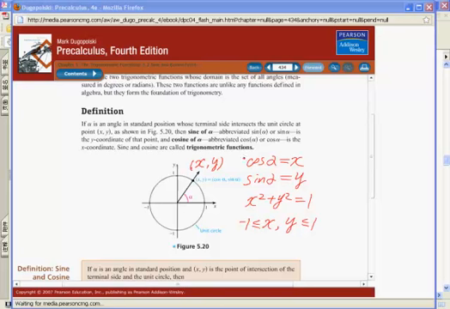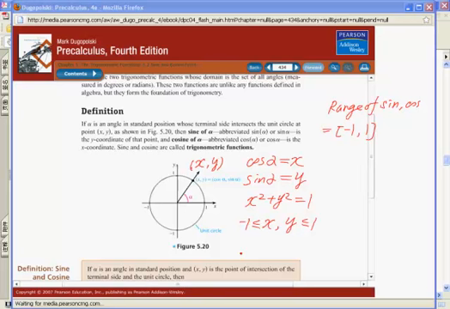Right now, this cosine and this sine can take any values between -1 and 1. So the range of sine and cosine is equal to the closed interval from -1 to 1.